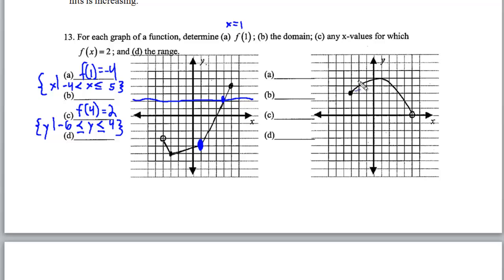Alright, let's move over here. Slightly different picture, a little bit trickier in some ways and easier in others. So f of 1, so what I'm going to do is go where 1 is on my x and go see where that is on my y. That's way up there, so my f of 1 is equal to 5.